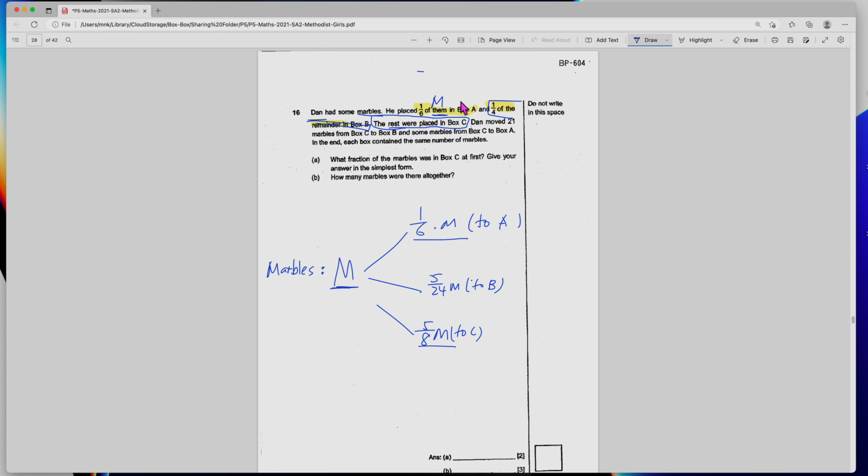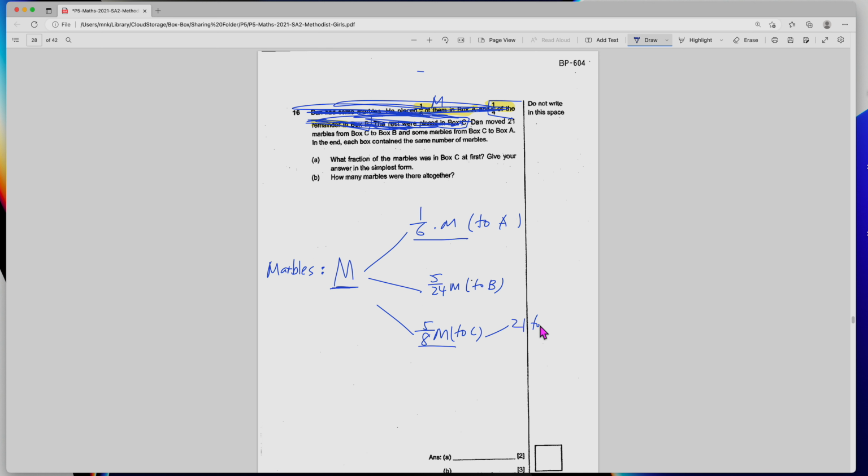So you tidy this up a bit before you continue. But so far, we have done until here already. That means no need to look at all this already. Just focus on the following statement. Now, then move 21 from box C. So that means box C you move 21.